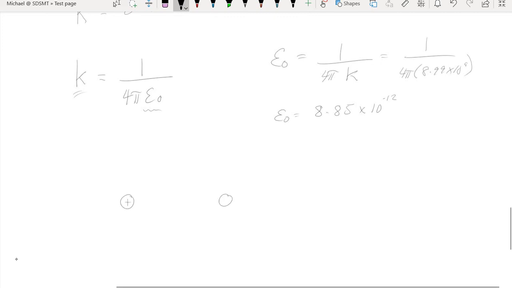So if we go all the way back to the initial discussions that we had about the interactions between charges, we know that these charges are going to interact with each other with repulsive forces that are generated by fields that are being produced by each charge.